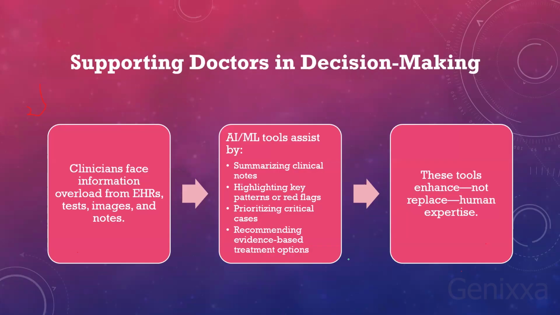And one more area we can consider is that it can support doctors in decision making, because sometimes clinicians face information overload from a variety of details, including EHRs, tests, images, or summarized notes, etc. So AI can assist them by getting an overview of all these documents together, so that a clear summary of everything can be taken, and it can highlight patterns and red flags in the reports automatically, and that can help you prioritize critical cases easily.